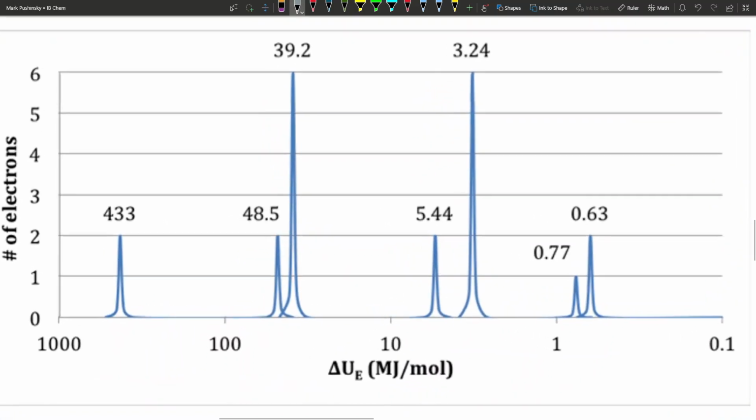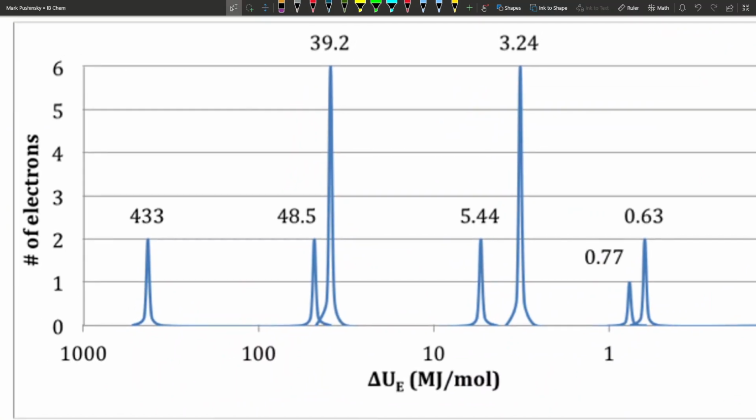If we take a look at this, each one of these peaks represents a subshell. So this would be the 1s orbital. This would be 2s. This would be, sorry, not 3s, 2p. This would be 3s.